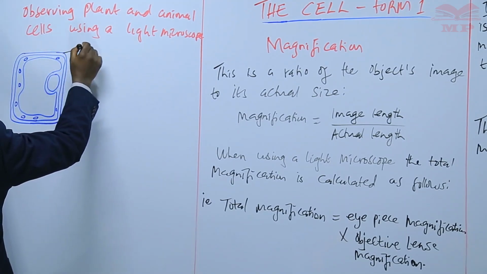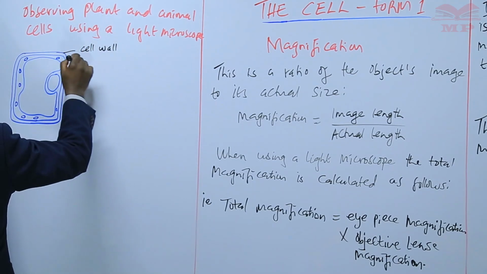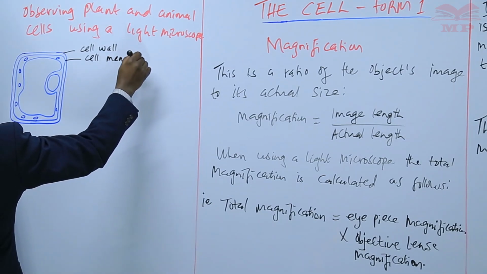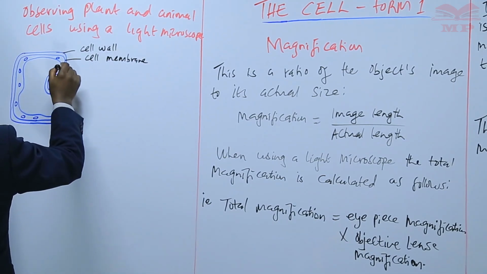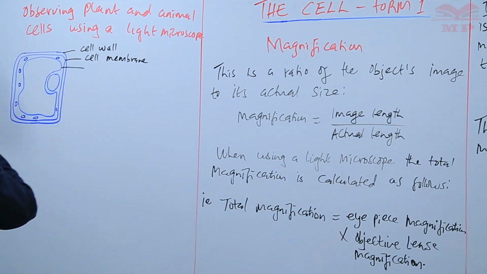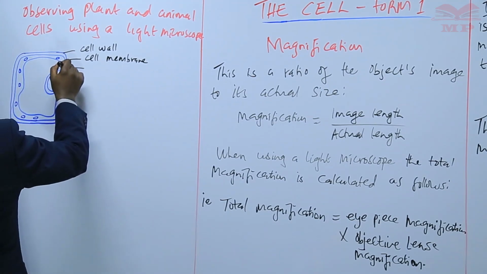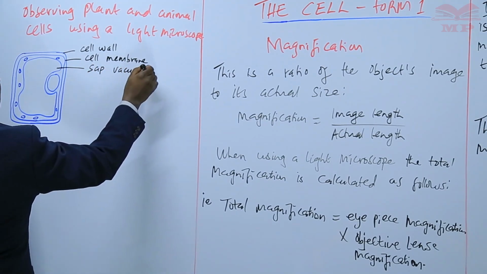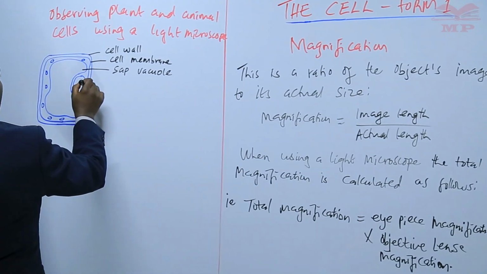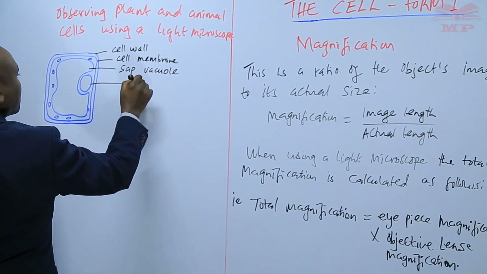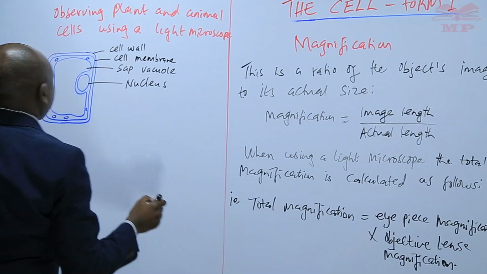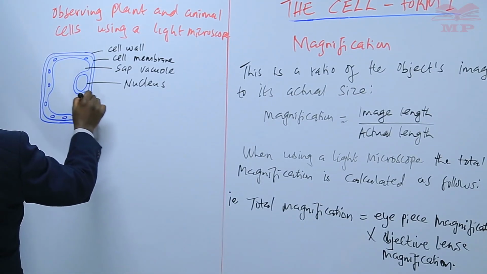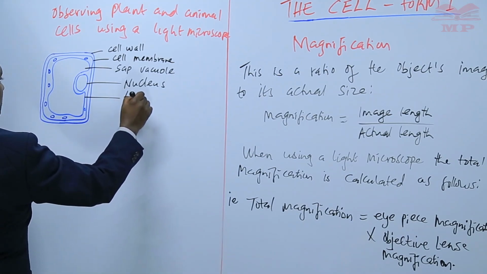So that is a plant cell as observed under a light microscope. You'll be able to see the cell wall, the cell membrane. There is the sap vacuole. This is the nucleus. The membrane of the sap vacuole is known as the tonoplast.